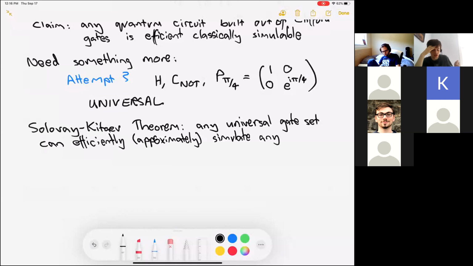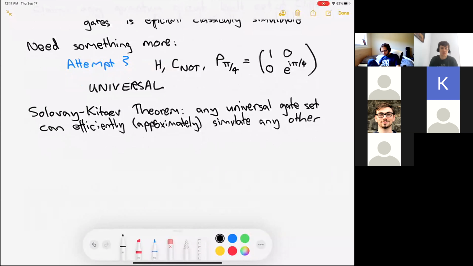Okay, so it doesn't really matter what universal gate set we use to define the elementary operations in our quantum computers, because as long as we don't care about some small errors, then any universal gate set can approximate any other.